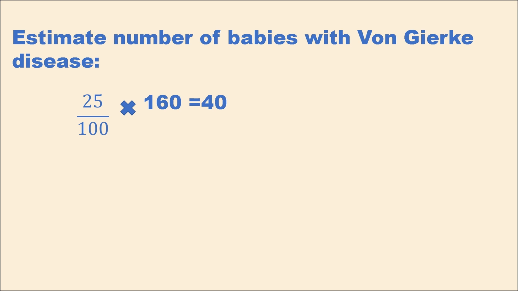To find the number of babies born with von Gierke disease, you have to multiply 25% by the number of babies with GSD, and using 160 as our estimate, we get 40. So if 3.8 million babies were born, we estimate that about 40 babies may develop von Gierke disease.